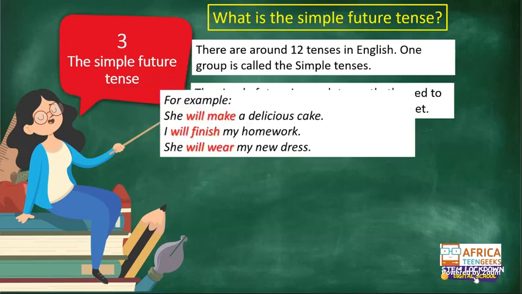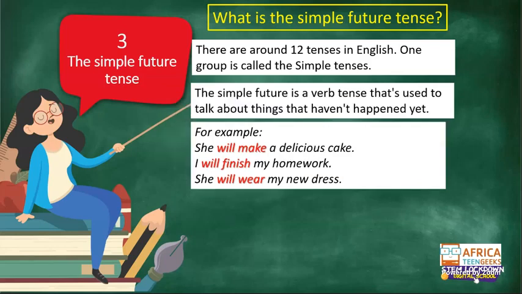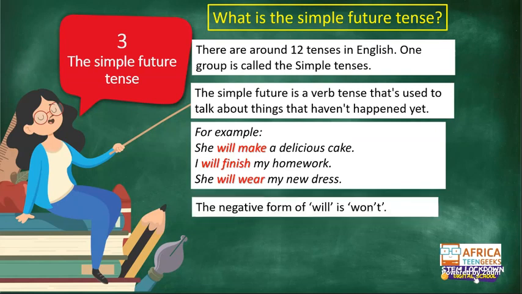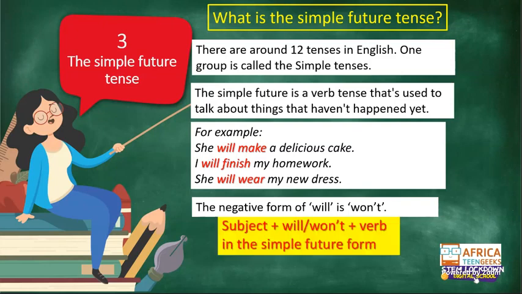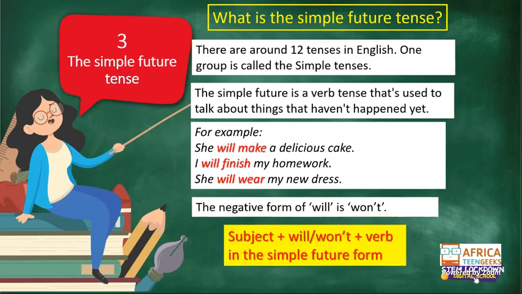I will finish my homework. She will wear her new dress. So you can see that the word will comes in all the time for the simple future. The negative form of will is won't. So the rule is you have the subject, she, then you use will or won't, and the verb, make, and then the rest of the sentence.